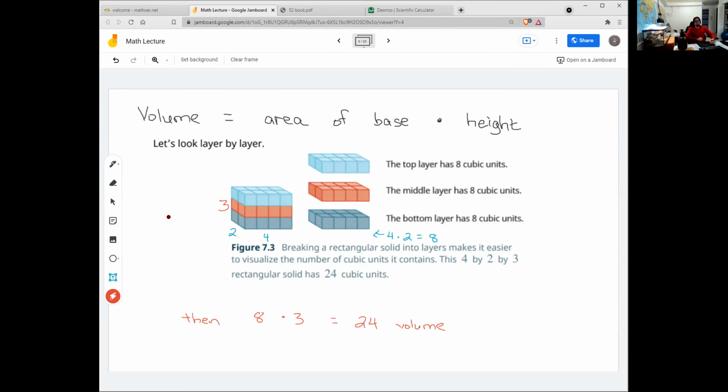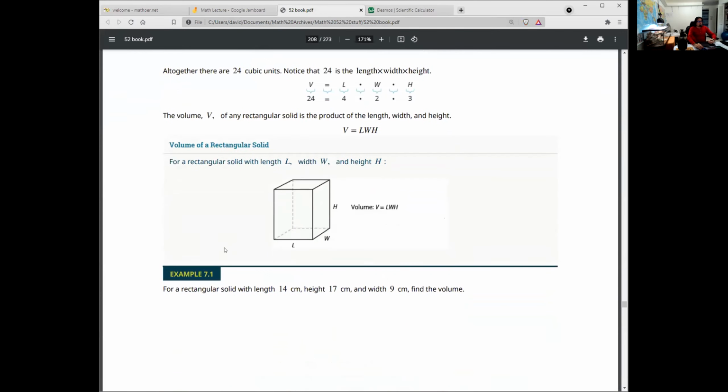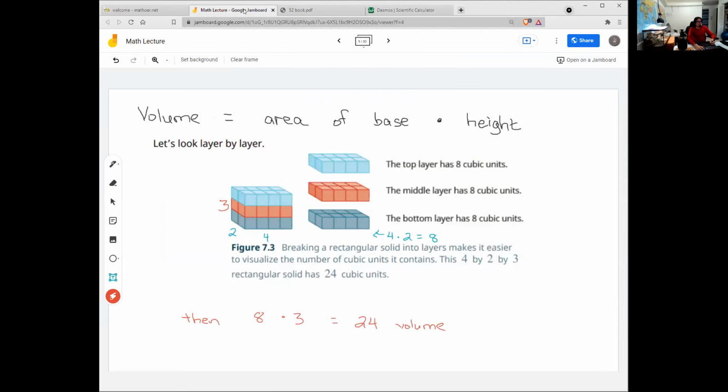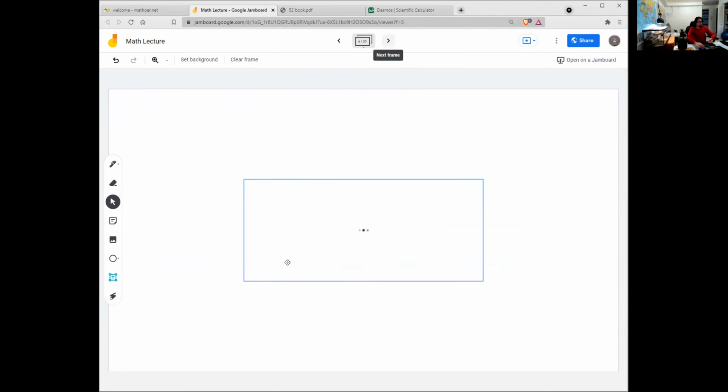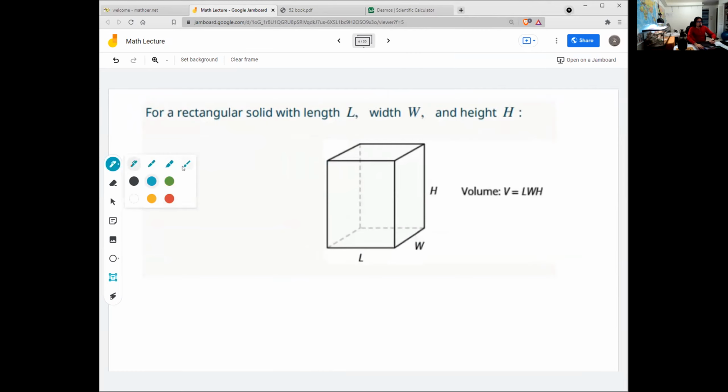Everyone with me so far? So they say length times width times height, but as a math person, I am not thinking about this quite the same way. In my mind, the length and the width are going together first to make the area of the bottom.